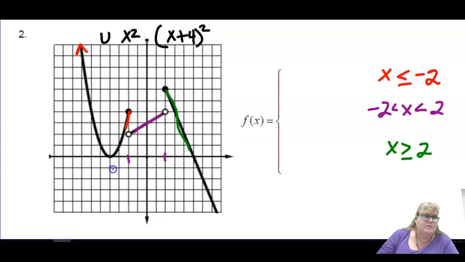And it has not been shifted up or down or reflected. The question is, has it been stretched at all? Since it goes over 1, squared is 1, over 2, squared is 4, over 3, squared is 9, it is not stretched. So that's all we have for that guy. It's a parabola slid left 4.